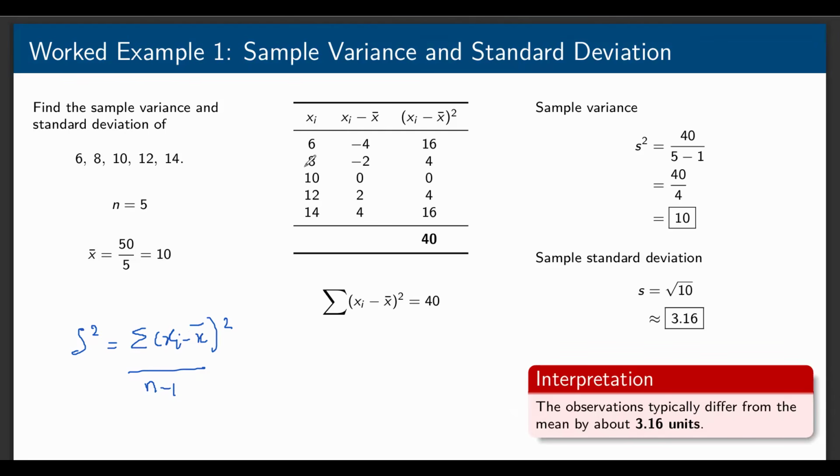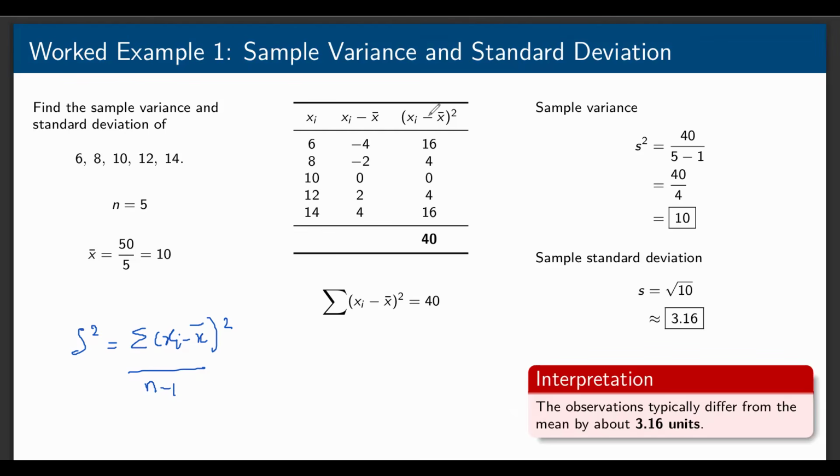So we take all our x's and create a column named xi minus x bar. Sorry, X bar is 10, not 50. So we have 6 minus 10 is negative 4. 8 minus 10 is negative 2. 10 minus 10 is 0. 12 minus 10 is 2. 14 minus 10 is 4.